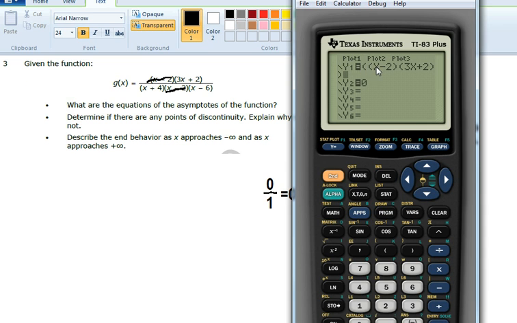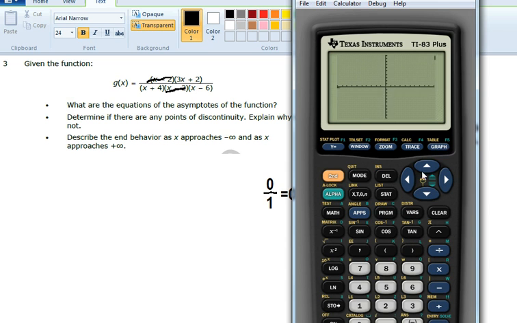So parentheses, x minus 2, close parentheses, new parentheses, 3x plus 2, close parentheses, divided by, start a new parenthesis, and then write what is there, which is parentheses x plus 4, x minus 2, and x minus 6. And I'm going to close the parentheses for x minus 6, and then close the parentheses for the whole denominator.